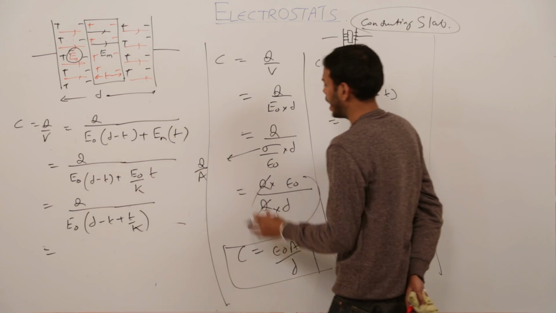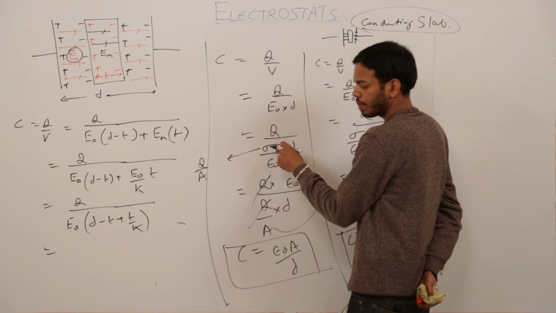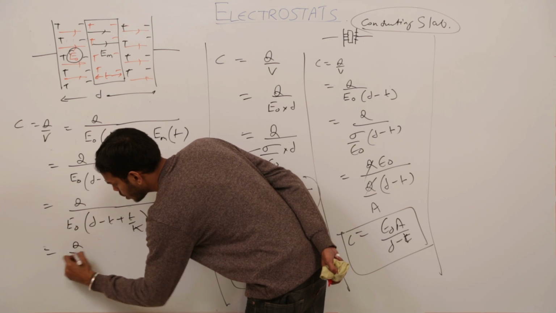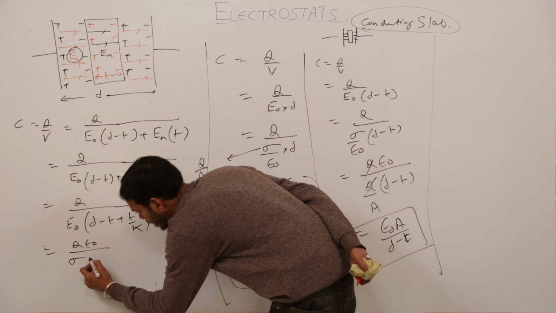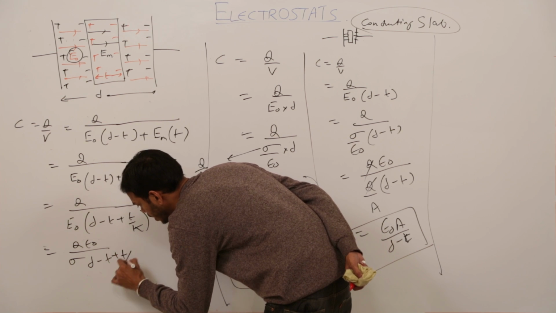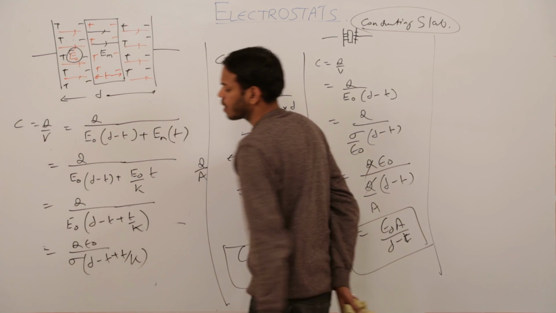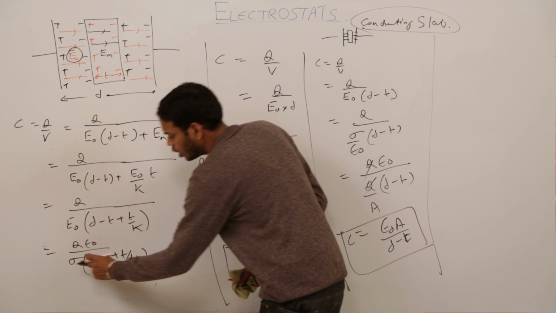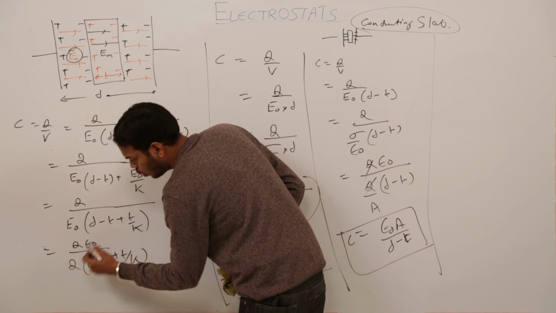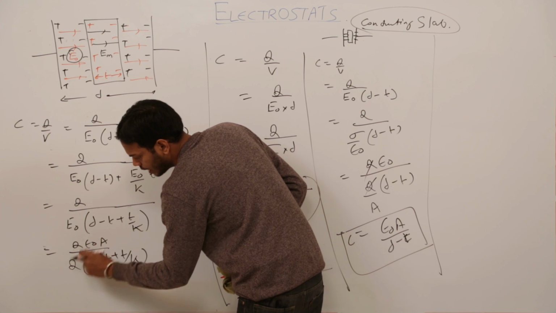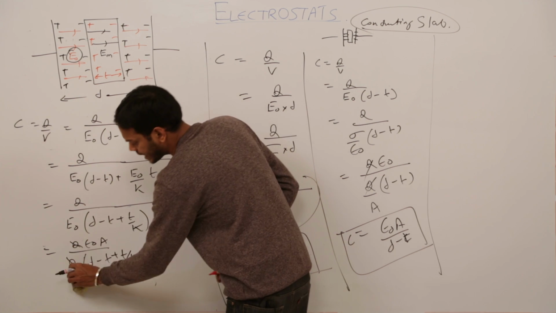Instead of E naught, I'll be writing sigma upon epsilon naught again, Q over sigma over epsilon naught times d minus t plus t by k, and instead of sigma I'll be writing Q upon A. Because of lack of space I'm changing it here, it will be Q upon A. So this Q will get cancelled out.